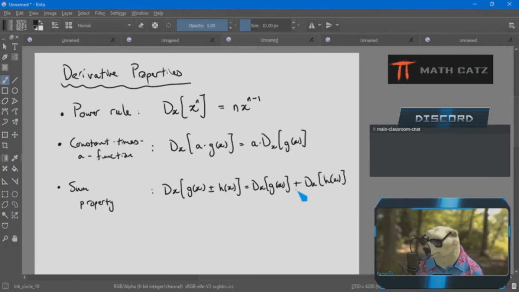That also works for a minus, and that's why it's called the sum difference property. If I have a plus or a minus, I can isolate the terms, look at those derivatives individually, and then put them together. And that's exactly what I would want to do.